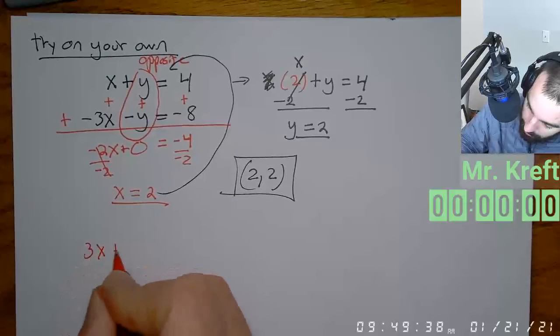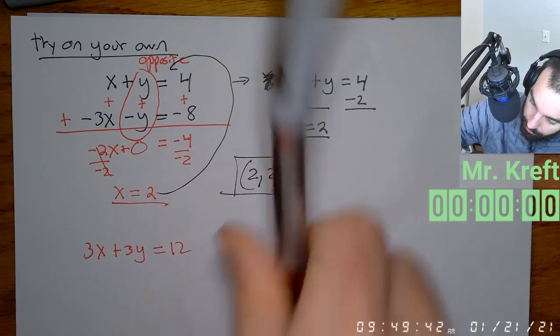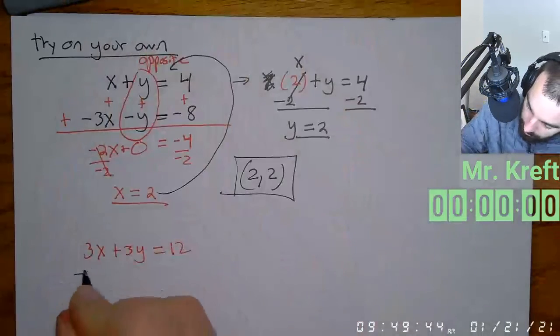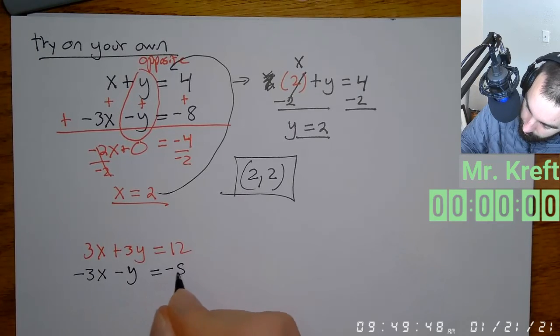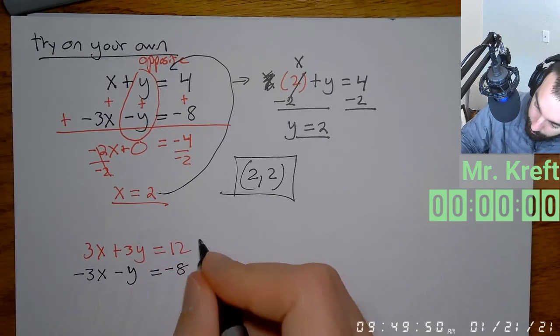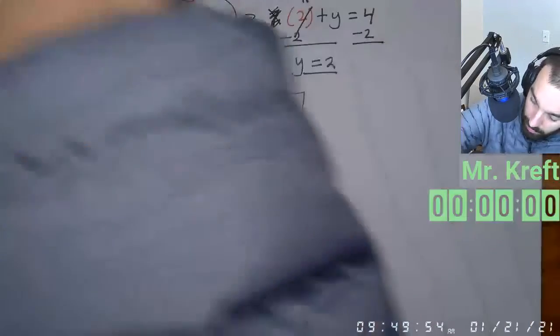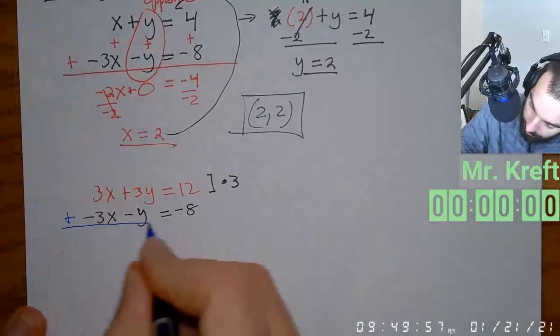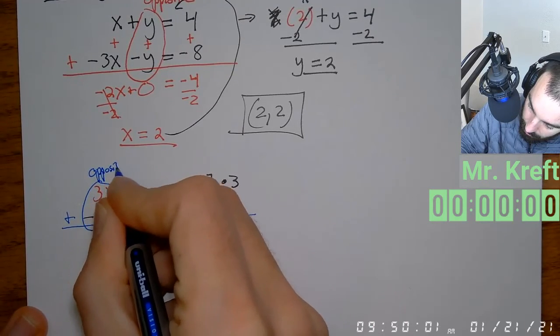So if I multiply the top by 3, this is what I would get. I get 3x plus 3y equals 3 times 4 is 12, and then the bottom would stay the same. Okay, so the top here is multiplied by 3, right? So then I would go ahead and add these now because these are opposite.